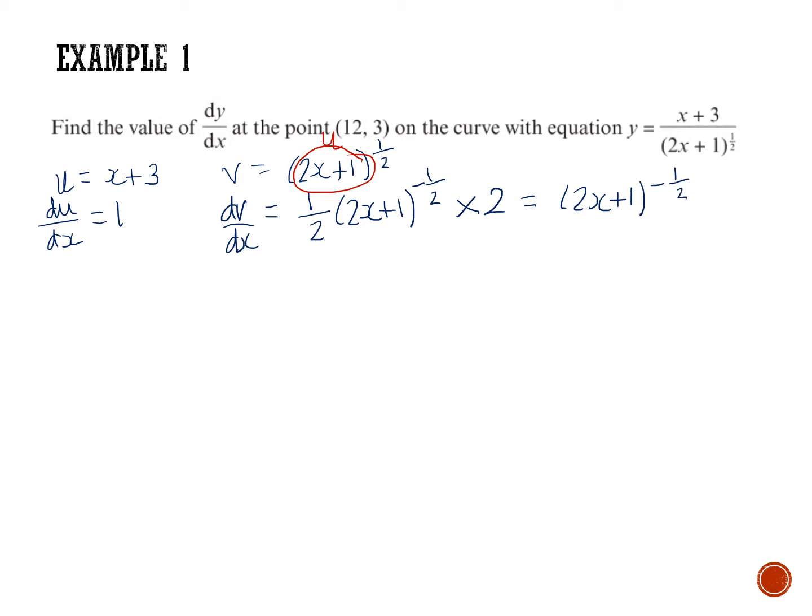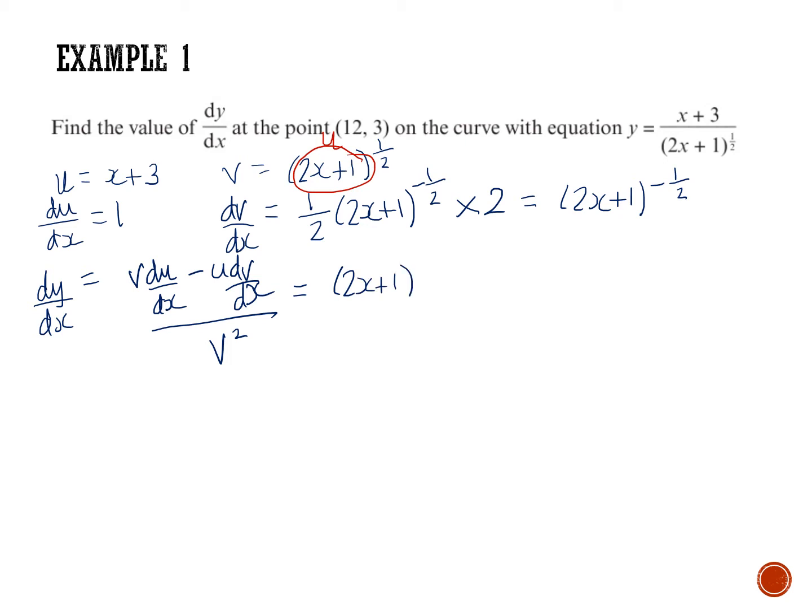Okay, so let's quote our quotient rule. Remember, it always starts with v, so it goes v du/dx minus u dv/dx all over v squared. Let's plug in the things that we've got at the top here, so we can see nice and clearly what they are. v du/dx is going to be (2x plus 1) to the half.